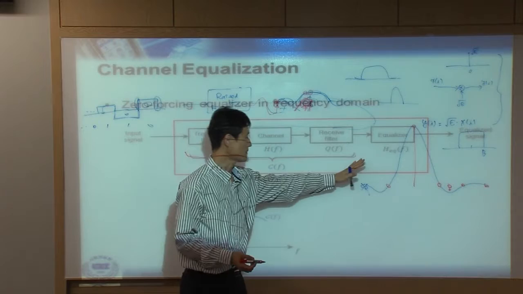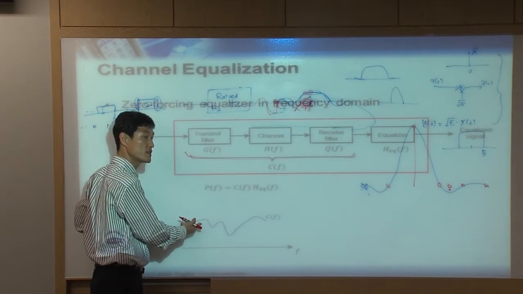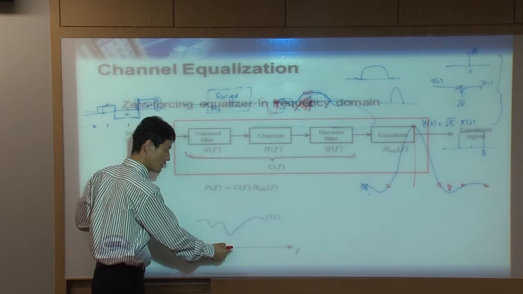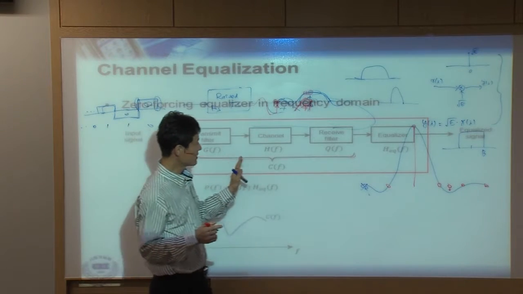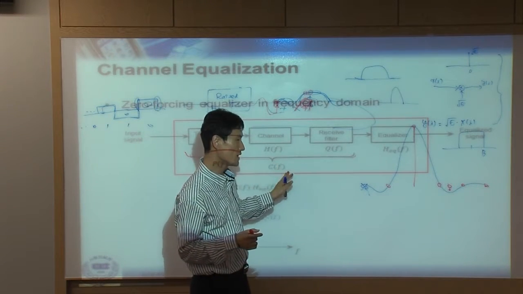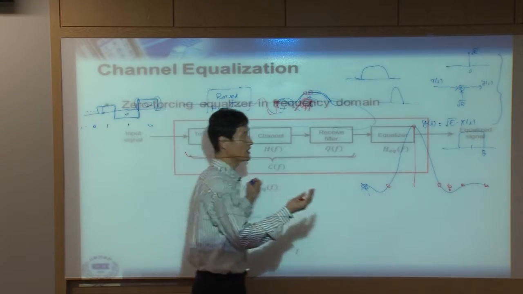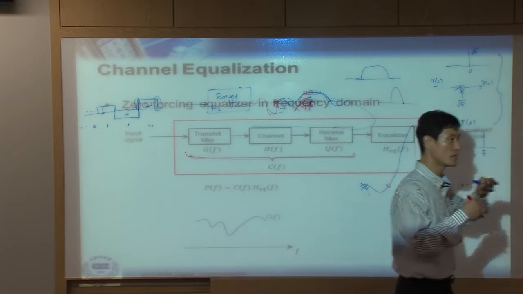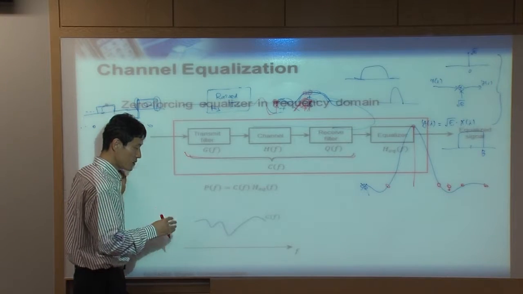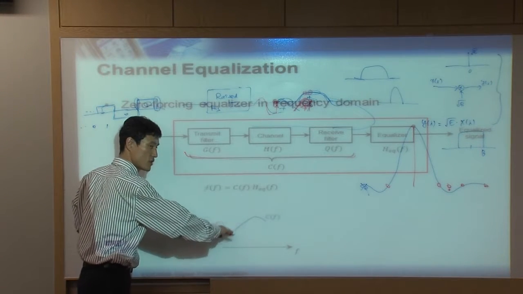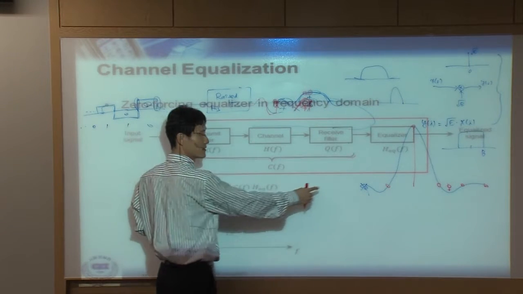If everything is perfect, then we are going to have a flat frequency response, and in time, only one impulse. But unfortunately, here in the CF, it's not perfect. So we have multiple paths still remaining, some ISI still remaining in the time domain. But in the frequency domain, it's not flat. You have some fluctuation in the frequency domain.